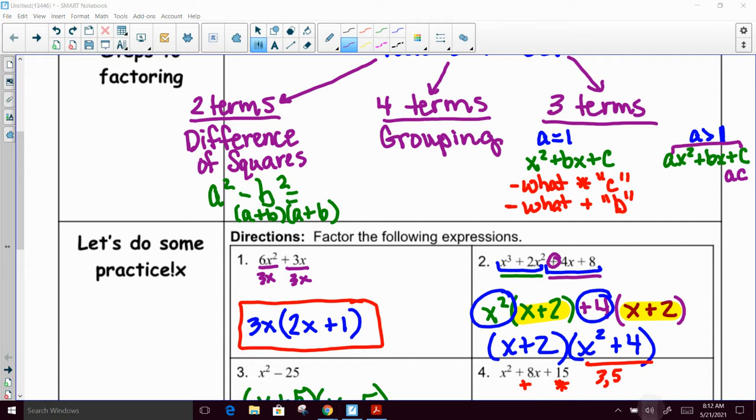And technically, you can do that when the A value is 1. You can do this method then also. It's just extra steps, so I wouldn't encourage it. So now we think about what multiplies to get AC and what adds to get B.